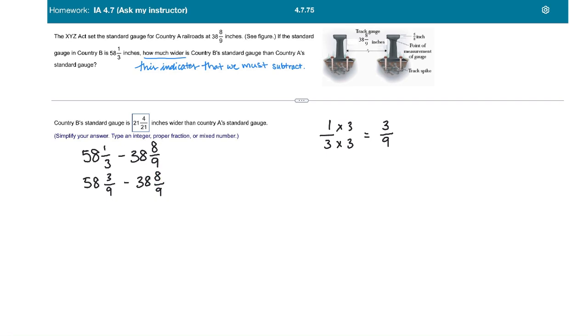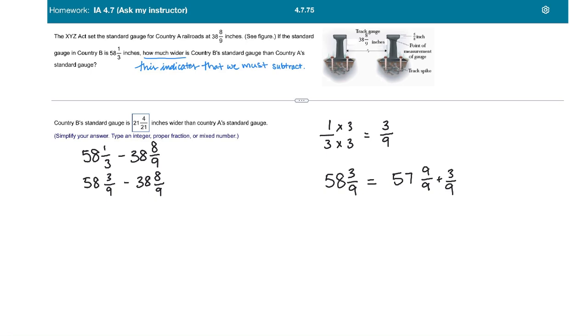So what we're going to do is, off to the side here again, 58 3/9, I'm going to rewrite this as 57 and 9/9 and then plus the 3/9. In other words, I'm borrowing or taking one of these whole numbers away from the 58, which now becomes 57. And that whole number I'm writing as 9/9. 9/9 is equal to 1.